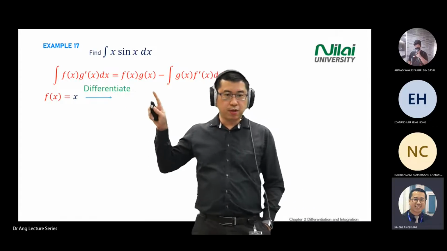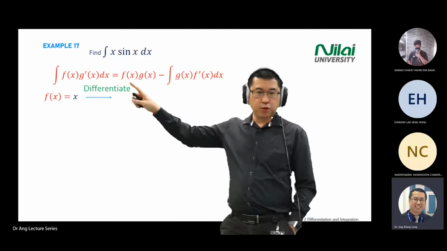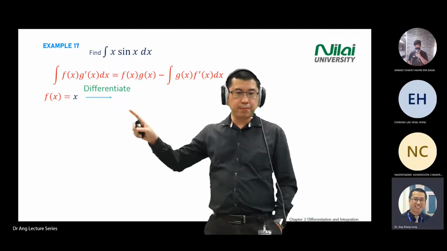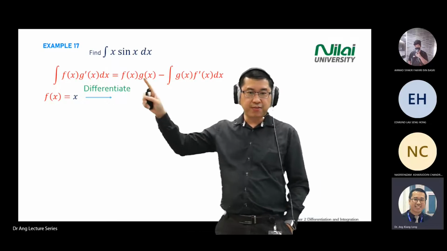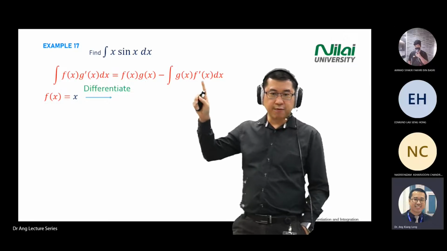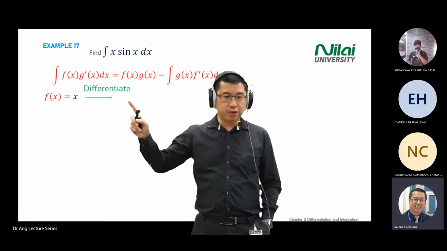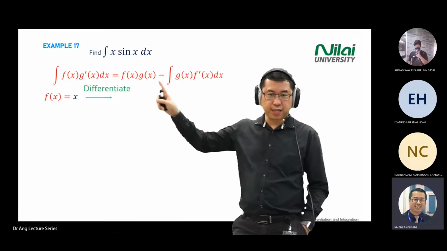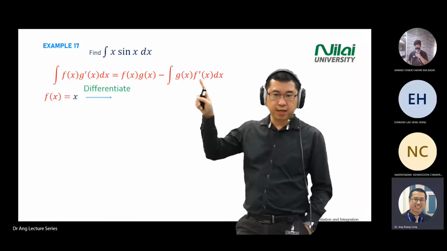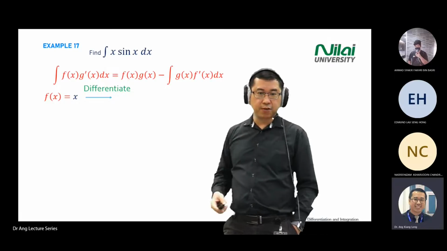Because you already know what your f(x) and g prime are, you need to find f(x), g(x), and f prime. So you know your f(x) is x, so you differentiate to get this one. Because in this equation, you need to use this one. F comma x means it's a differentiation.